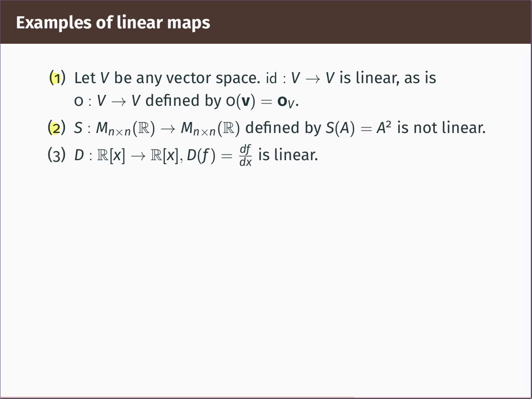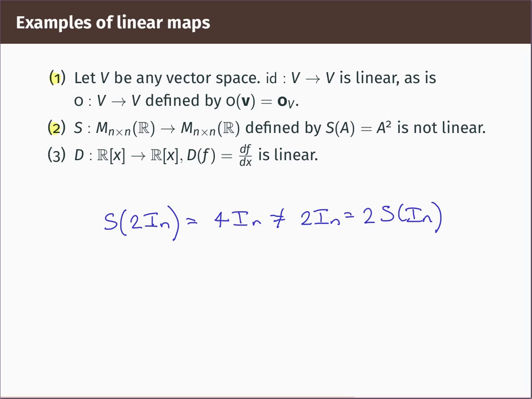For example, if you take S of 2 times I_n, this is 2 times I_n all squared, so that's 4 I_n. But that's not 2 I_n, which is what 2 times S of I_n will be. So that means it doesn't obey the scalar multiplication condition.